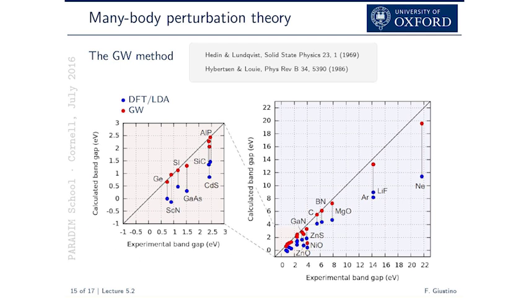So why do people like this technique? This is the same plot I gave you before for the band gaps. Blue was DFT LDA, what we've seen before. Now red is band gaps calculated using this GW technique. You see that most of them fall almost bang on this diagonal line. And this calculation is entirely from first principles, so there's absolutely no adjustable parameter whatsoever.